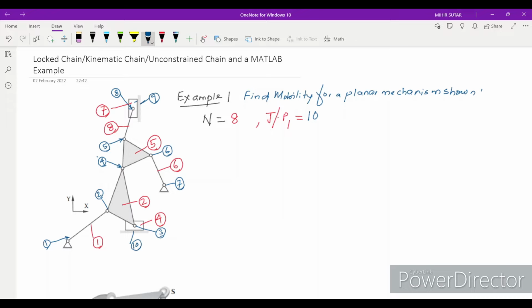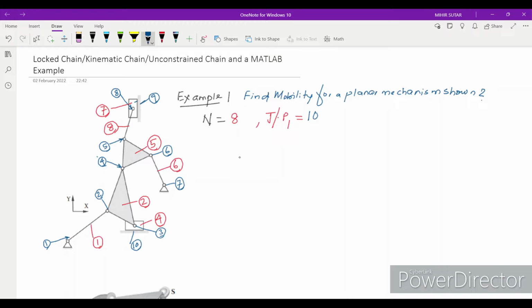Here you can see there is no revolving joint or spherical joint mentioned, so it is not a case of spatial, it is planar. So you have to identify like this.